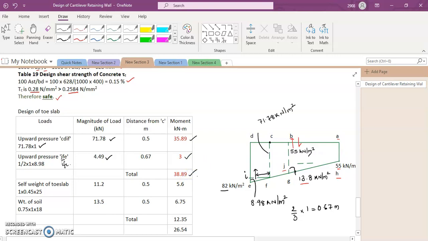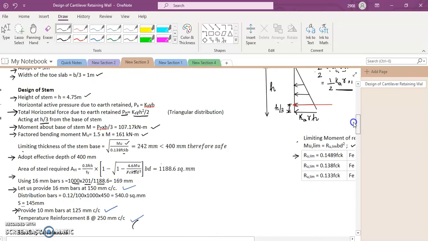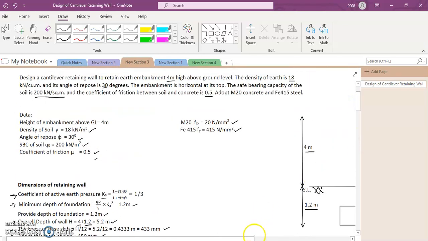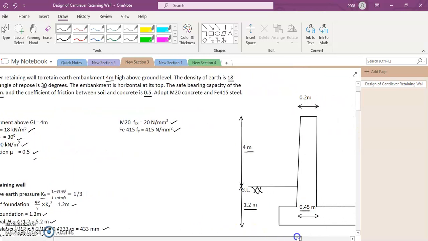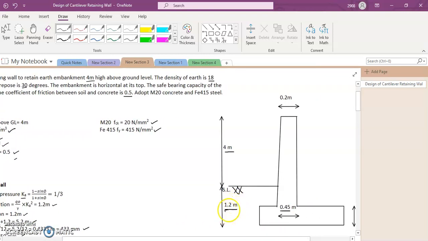Downward we will have the weight of the toe slab, and it's a rectangular portion, 1 into 0.45 into 25, which is 11.2. The centroid from C is 0.5, moment is 5.6. Now on the toe slab as well, there is some weight of soil. Let us look at this diagram. There is around 1.2 meters of soil, so we need to calculate this distance.